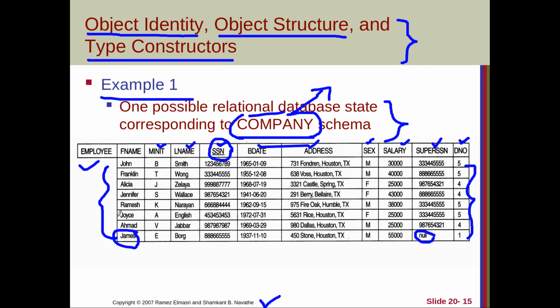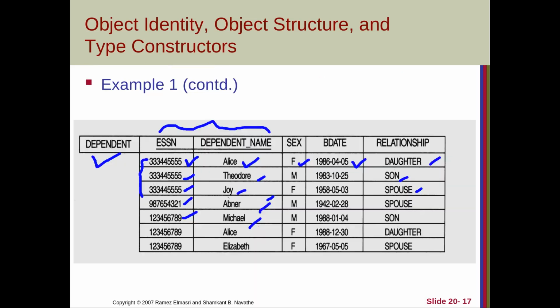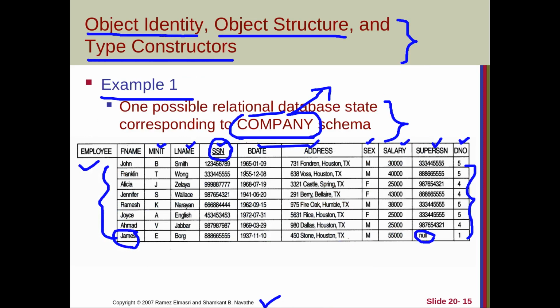Now this is the situation where we are using a company schema where the employee relation is maintained separately, and department location is maintained separately. Similarly department, works-on, project, dependent, etc. All these different pieces of information are stored separately in different relations, but these relations are connected by using some of the attributes, especially the primary key.